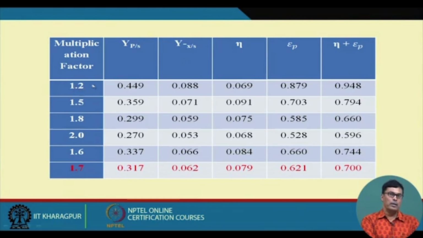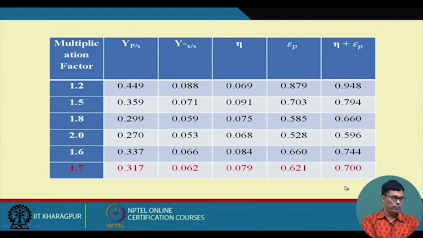We multiplied the substrate concentration by different factors like 1.2, 1.5, 1.8, 1.6, 1.7, and tried to find out which factor gives us the eta plus epsilon value of 0.7. We find that when we multiply the substrate concentration by 1.7, then we get the epsilon p value of 0.7.